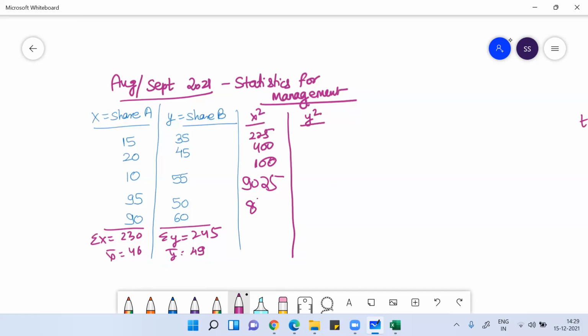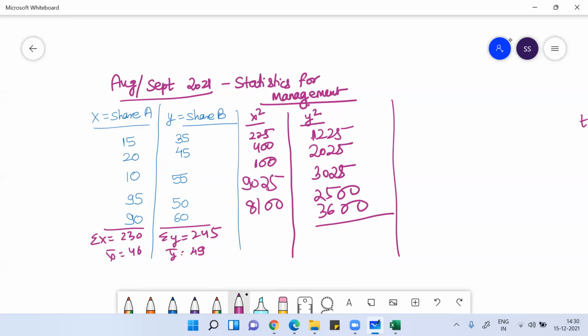90 square is 8100. This is 1225, then 2025, then 3025, then 2500, and then 3600.